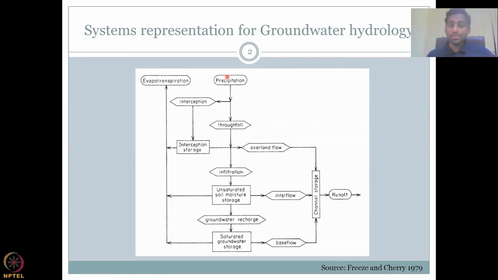So infiltration happens. Part of the water goes as overland flow, which means the water goes on the surface and goes into the oceans, rivers, whatever is nearby. And then the infiltrated water goes into the soil, converts the soil from unsaturated to saturated. What is unsaturated? The soil and rock media has porous space in it.